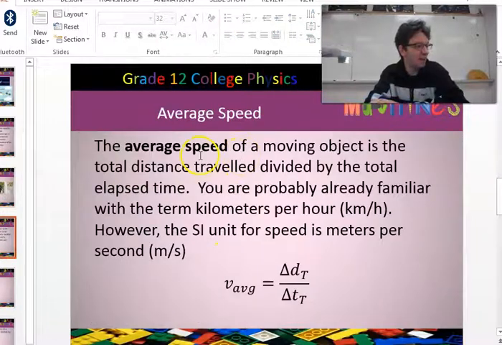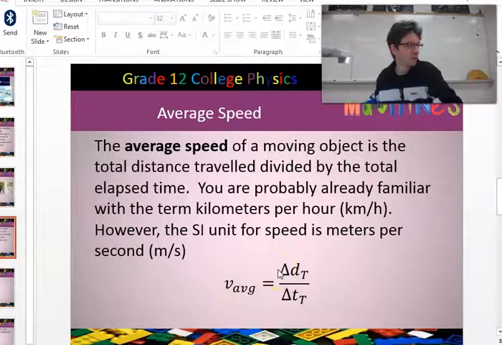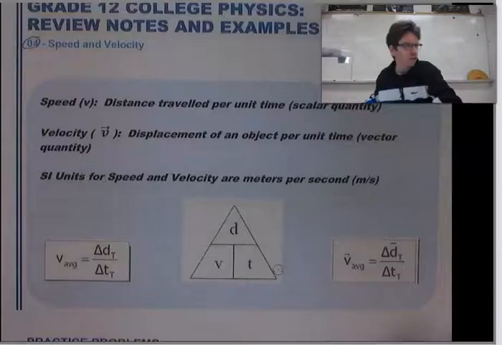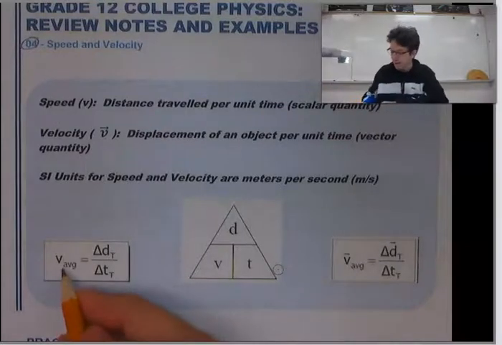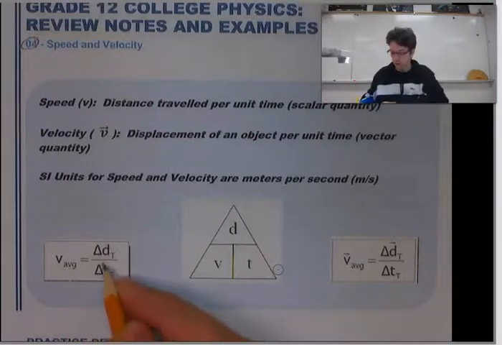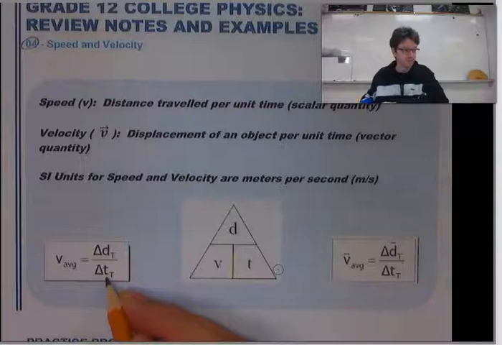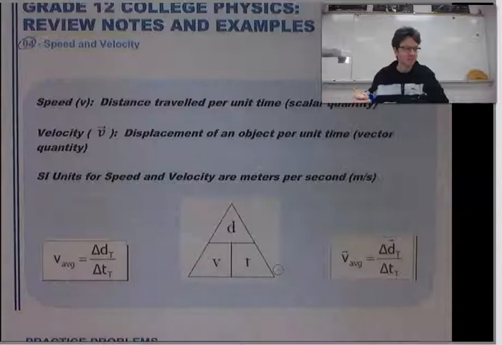Okay, so average speed. To find the average speed, here's the equation, and we do have the equation on your handout as well, right here. So average speed is your total distance, notice there's no vector sign here, over a time interval. Both of them are given delta signs because they have a start point and a finish point.